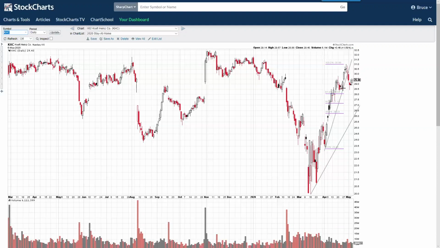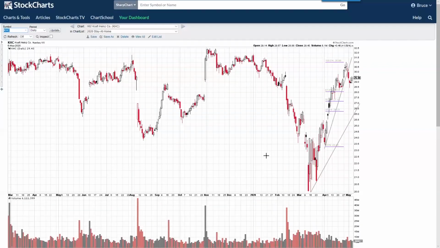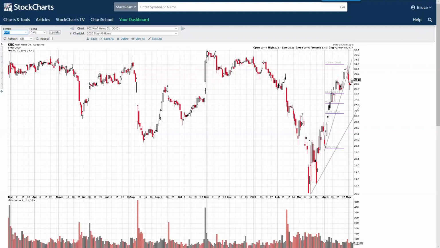So we'll keep a close eye on this, because what's interesting is this appears to be a test with a tail of this low. And if it stays above the 61% area, that could be a really inherently strong characteristic for Kraft Heinz, which has been really a relative strength laggard for a long period of time.